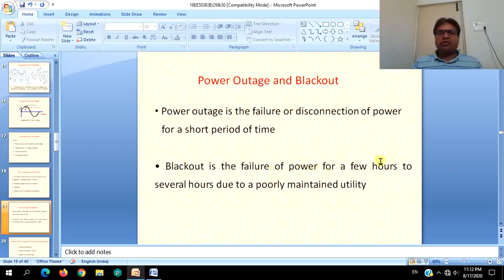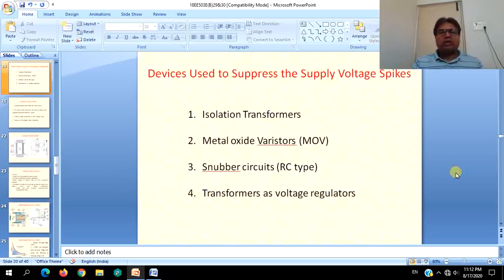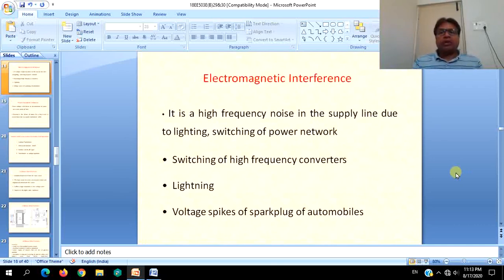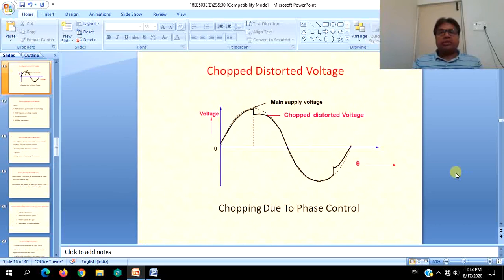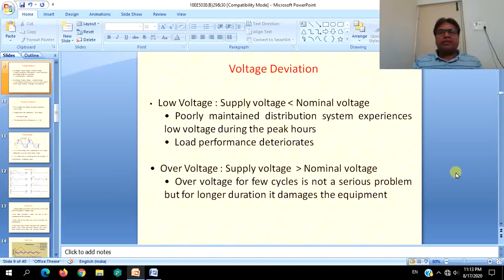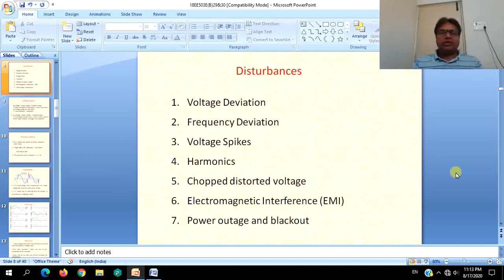Blackout is the failure of power for a few hours to several hours, and it may be due to external reasons. So that is power outage and blackout. These are the actual disturbances which may occur in the power system: power outage and blackout, electromagnetic interference, chopped distorted voltage, harmonics, voltage spikes, frequency deviation, and voltage deviation.